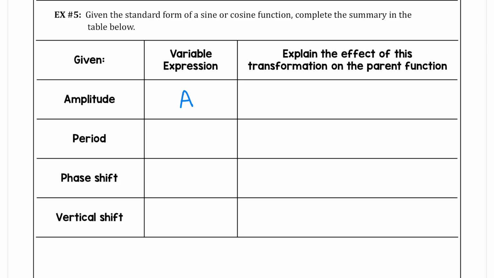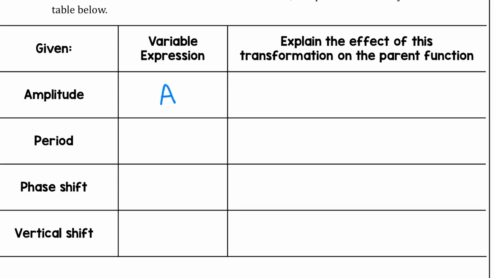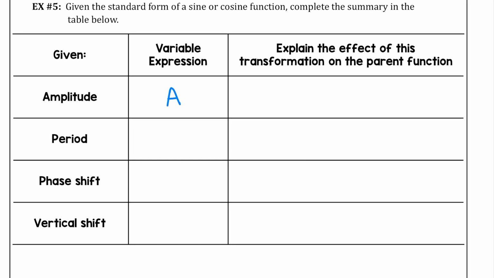And then explain the effect of this transformation on the parent function, verbally, like what's happening with the amplitude. Amplitude is half the height of our wave, of our squiggly. It's a vertical dilation. So half the height of our wave.